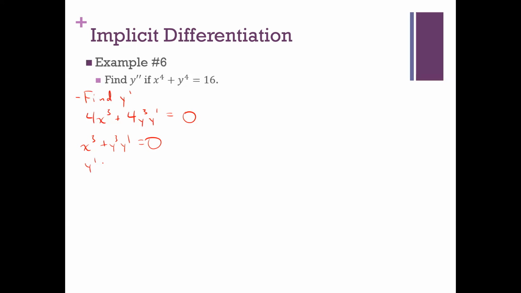If I bring over, is it negative y cubed over x cubed? Or did I flip them? I did, didn't I? All right, so we have an expression now for y prime.